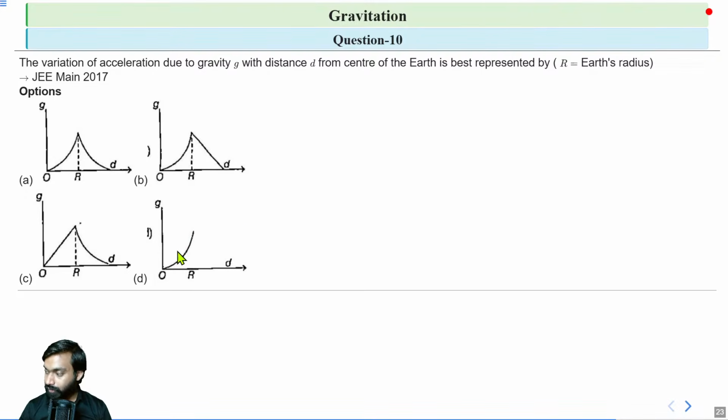So please try to solve this question, everyone. Here on y-axis is acceleration due to gravity, and on x-axis r.